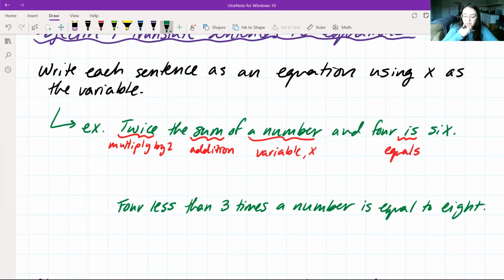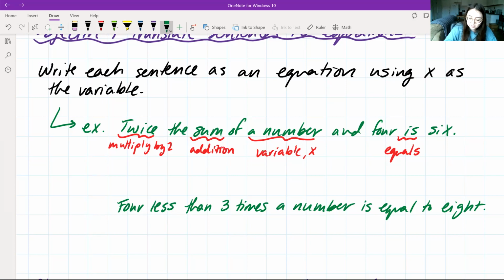So we've identified each part of our sentence. Twice means that we're multiplying by 2 this sum, and the sum is represented by a separate expression. So we're multiplying 2 by an expression and setting it equal to 6.